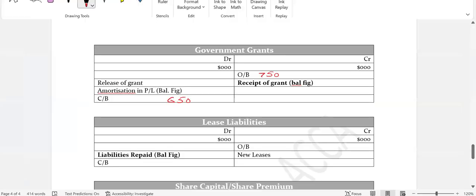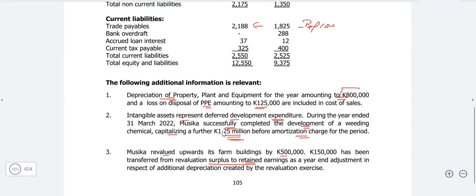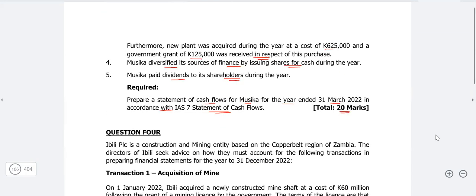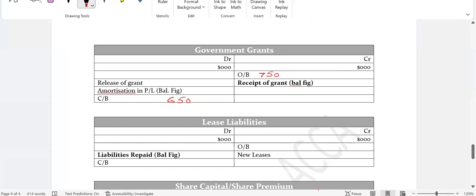And there was a note related to the government grant. Let's go see that. Yes. Furthermore, new plant was acquired during the year at a cost of 625,000 and government grant of 125,000 was received in respect of this plant. So receipt of grant is 125. 750 was the opening balance, 125 we have received, and then we have 650.